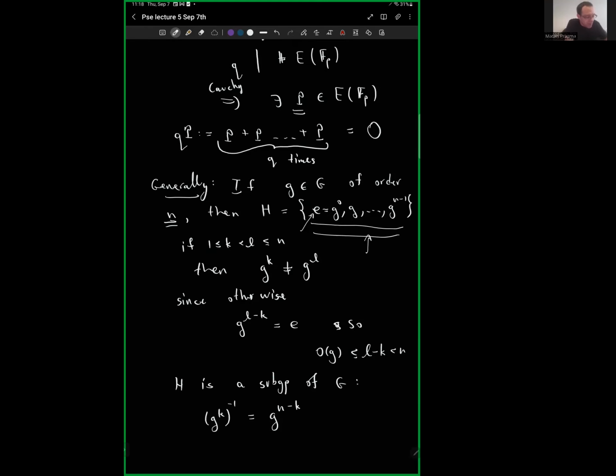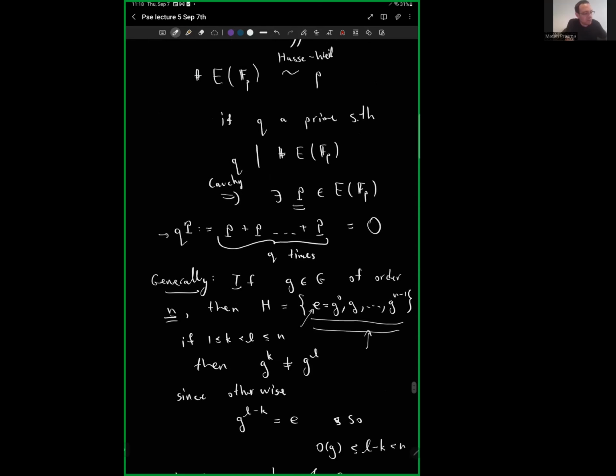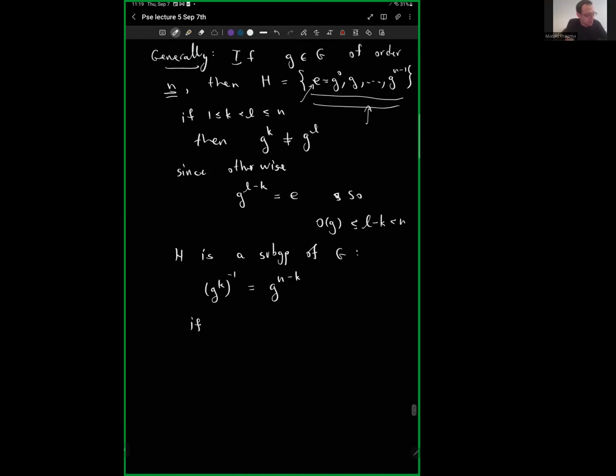So this is all to say that in this case of the elliptic curve with a point P of order Q, this H is denoted as the angle brackets around g.